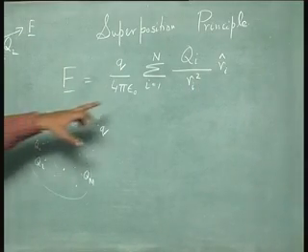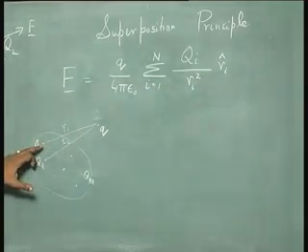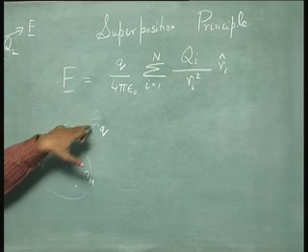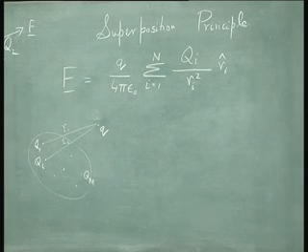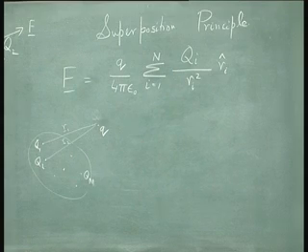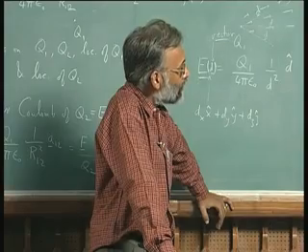So, Ri is nothing but the distance vector between the charge qi and small q. So, this was Coulomb's law generalized for n points.